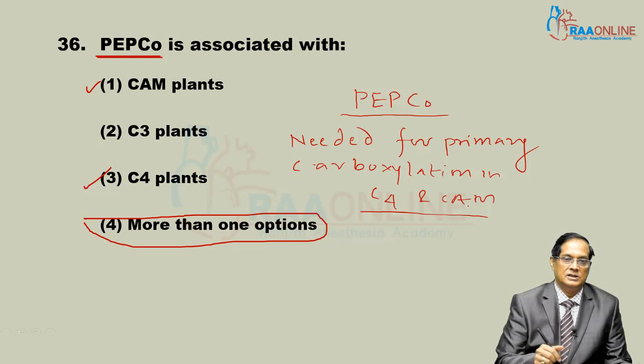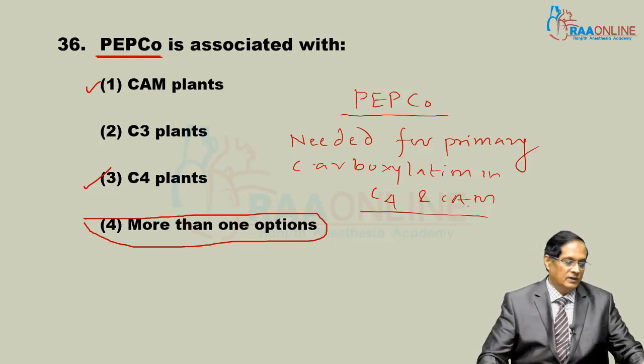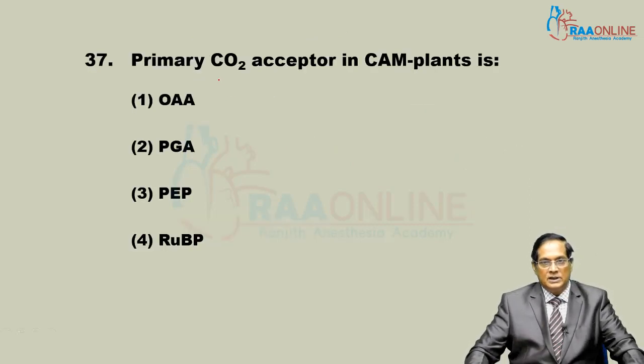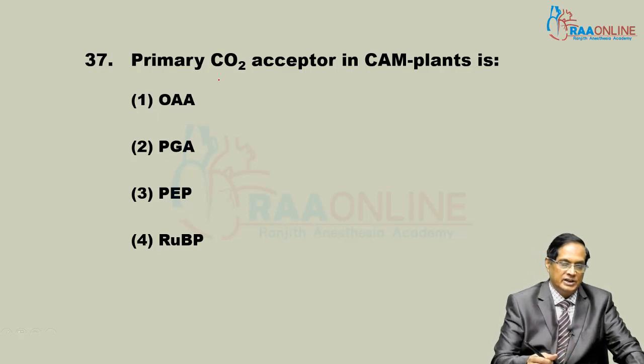So the answer is more than one option. The primary acceptor I have already stated, that is PEP, in these plants.